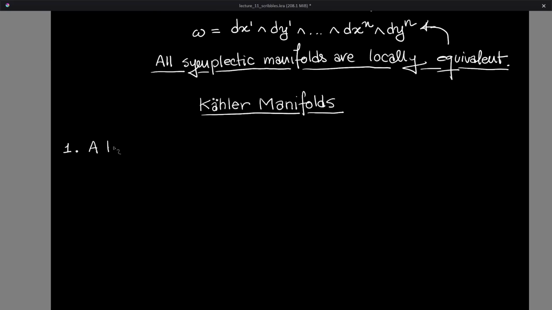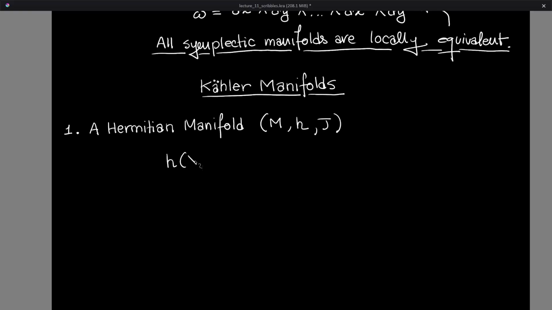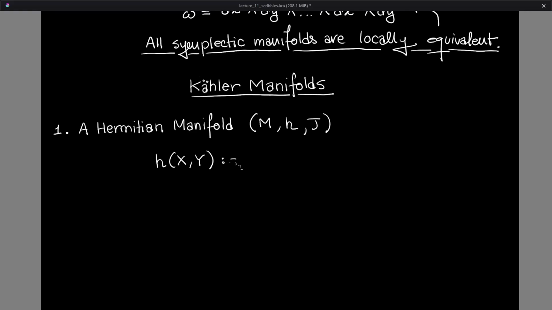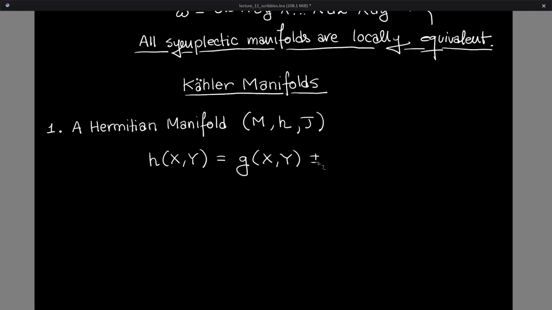A Hermitian manifold M with a metric h and a complex structure J, where the metric h(x,y), a sesquilinear form, is equal to the induced Riemannian metric g(x,y) plus or minus, up to convention, i omega(x,y).